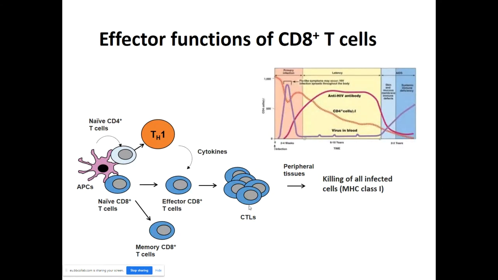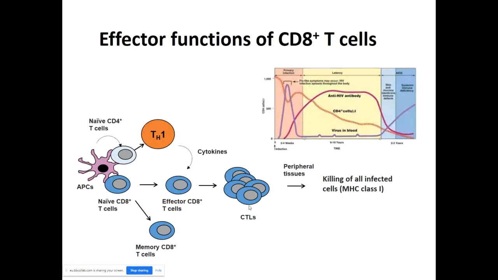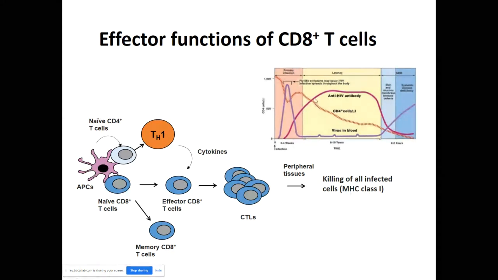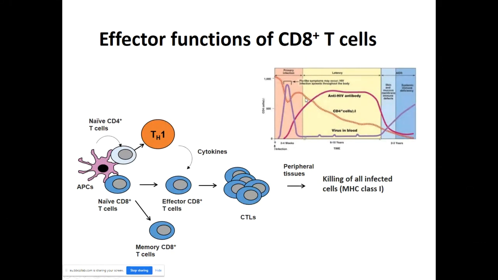So remember, HIV virus affects CD4 positive T cells and kills all CD4 positive T cells. It doesn't touch these CD8 positive T cells. You can see here in the course of the infection, you have a latency period and you have this asymptomatic phase of virus. You can see that you have a number of anti-HIV antibodies, but in the course of the asymptomatic phase, the number of CD4 positive cells gradually decreases.